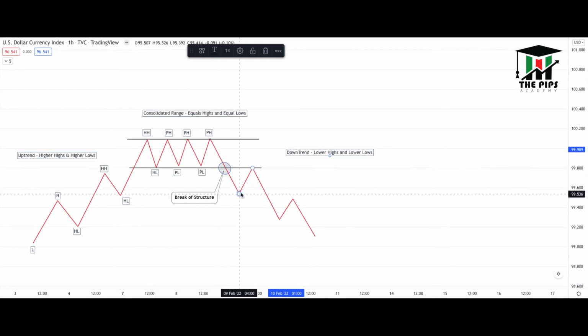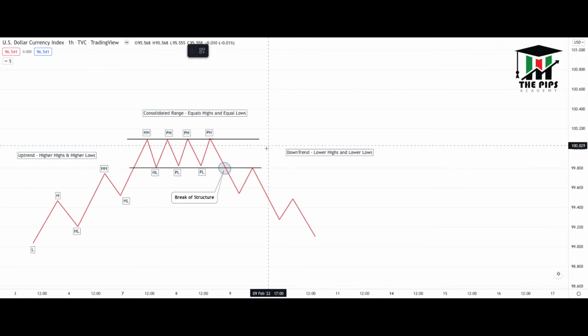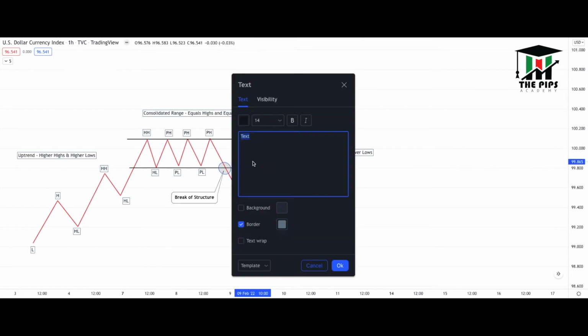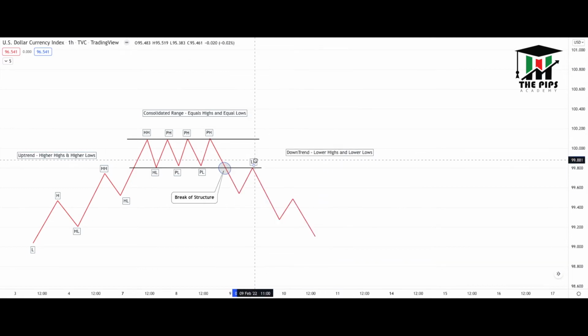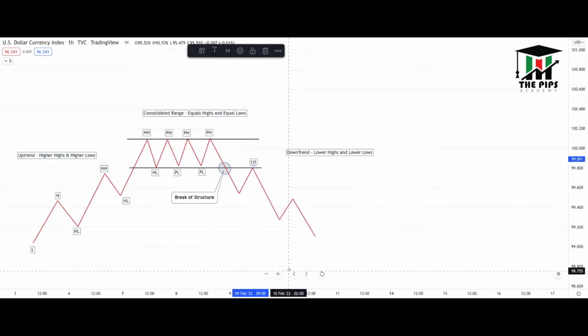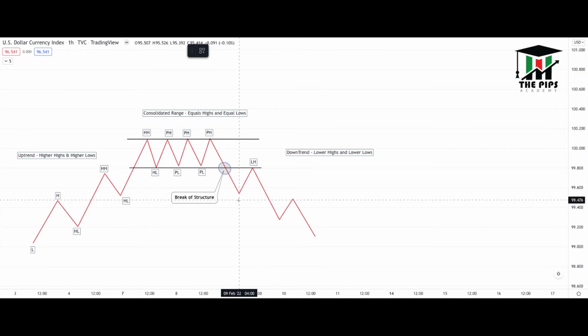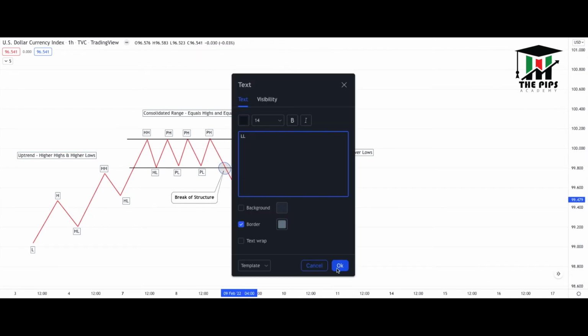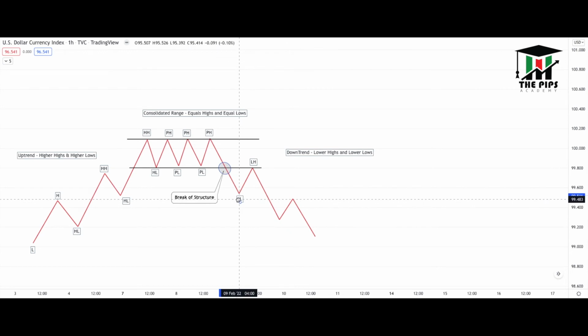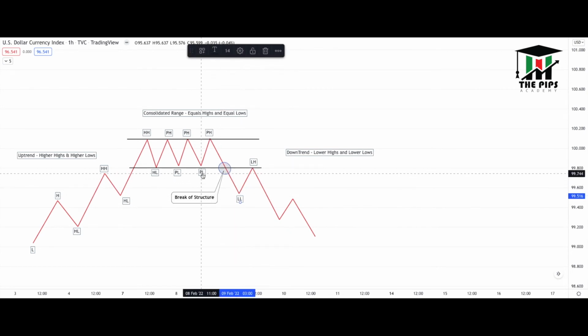In this pullback or retracement here, this produces a lower high. This point here is a lower low because it broke the previous low.